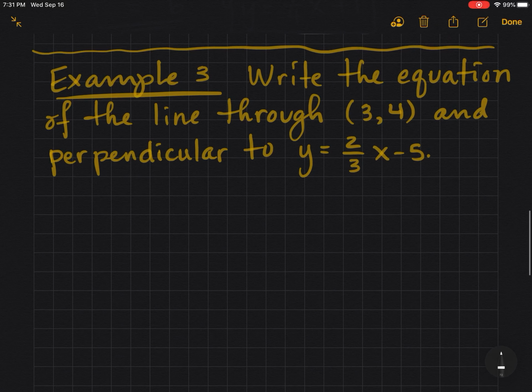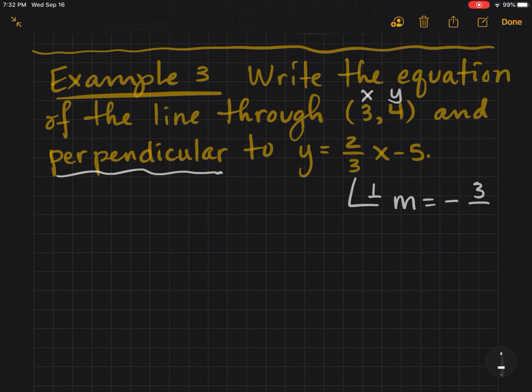For example 3, write the equation of the line through 3, 4, and perpendicular to this line. Well, already I see my x and y, and my slope, since it says perpendicular, I need that to be -3/2.